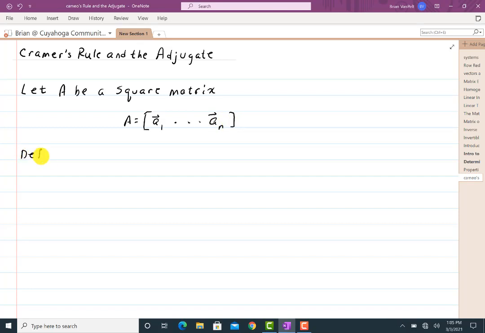Define A subscript i of b. This is a function.